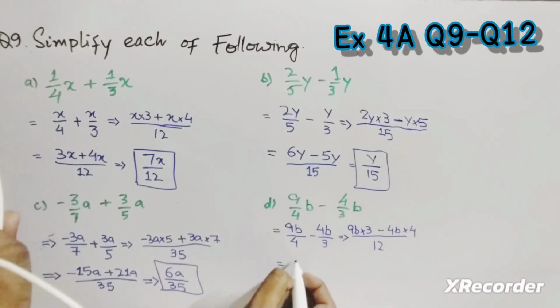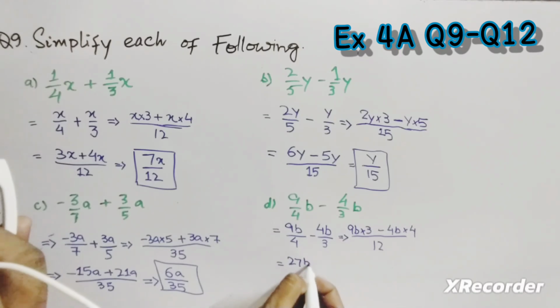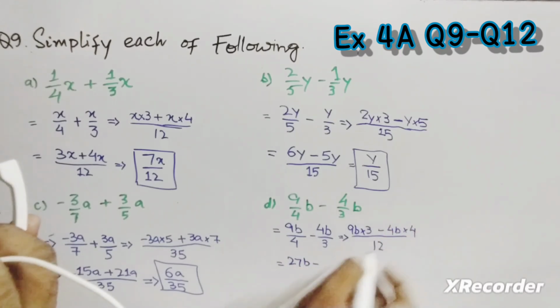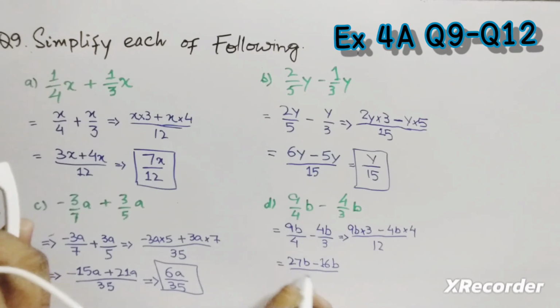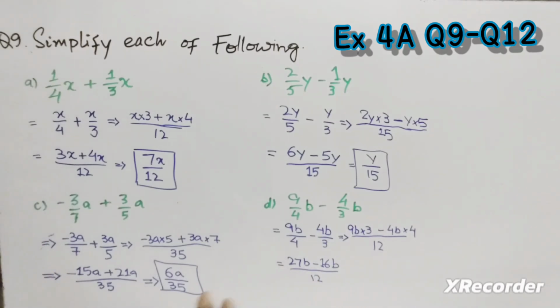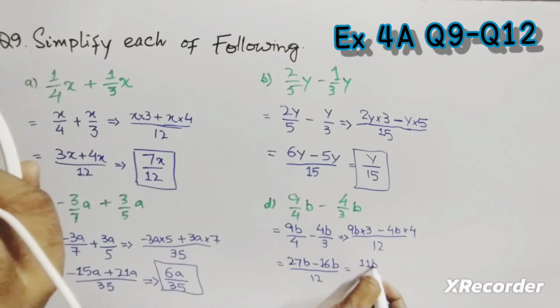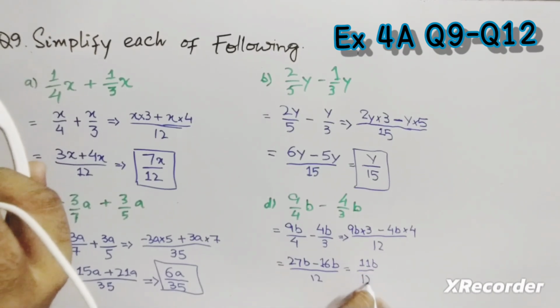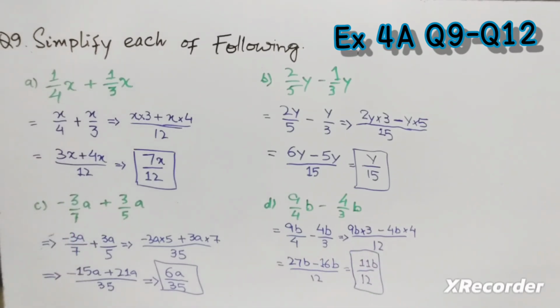What we get is 9 times 3 is 27b, less 4 times 4 is 16b upon 12. Now 27b less 16b is 11b upon 12, which is our required answer.